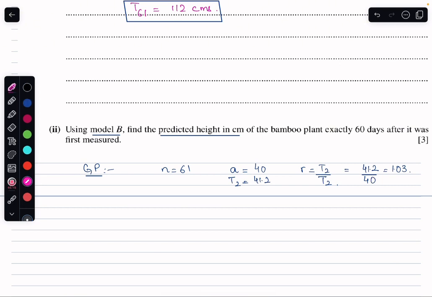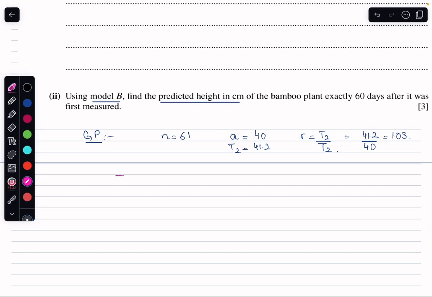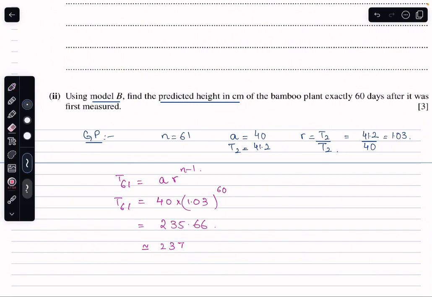Therefore, the term on the 61st day shall be equal to a r to the power n minus 1, so the height on the 61st day is 40 into 1.03 to the power 61 minus 1, which is 60, and this is going to be 235.66, or I can approximately say 236 centimeters.